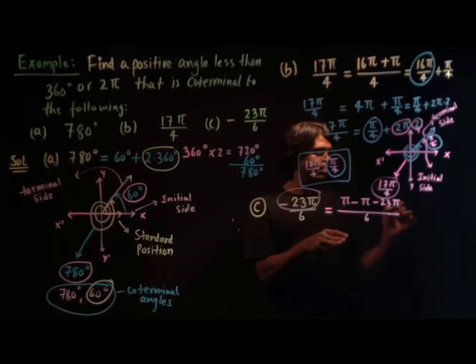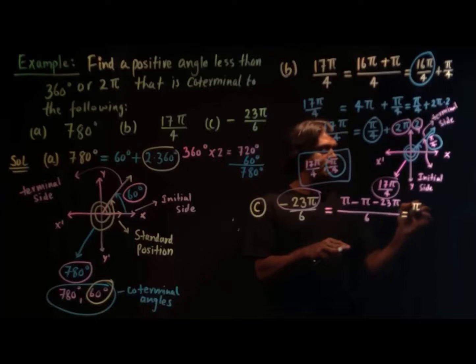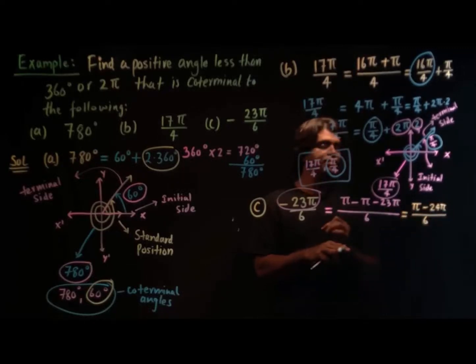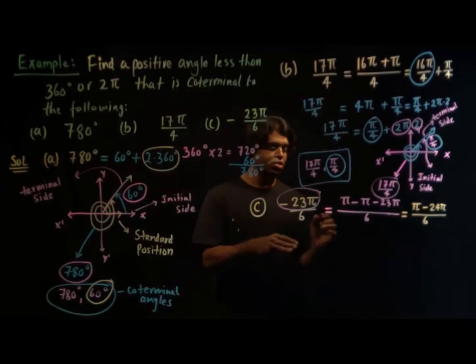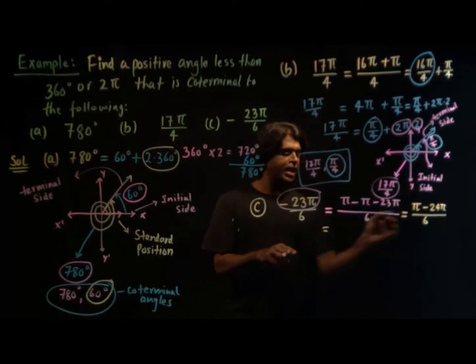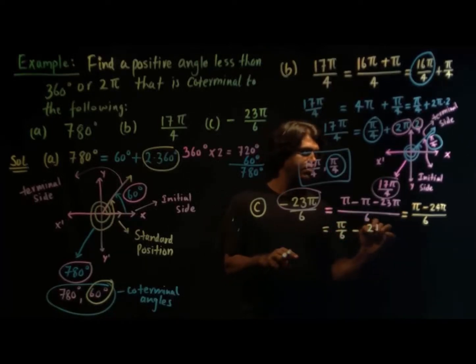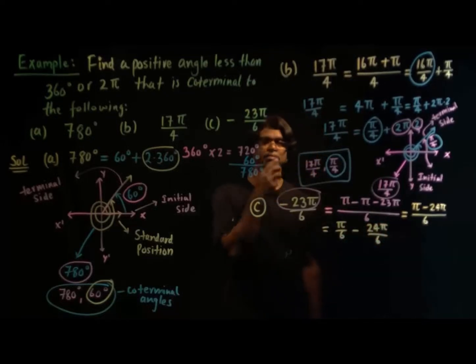So if I simplify further, what can I do? I can simplify this as pi, and then negative pi minus 23 pi is negative 24 pi over 6. Right? So if I simplify further, I will separate the 6. So I will write pi over 6 minus 24 pi over 6.